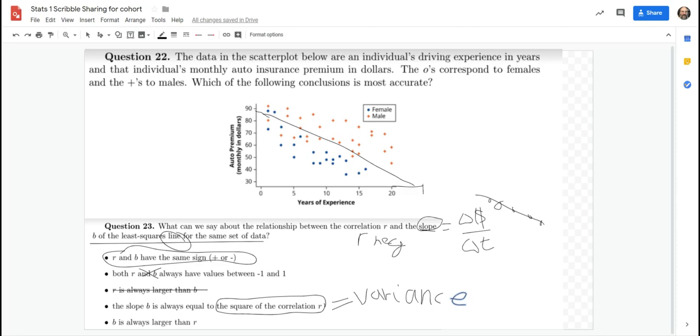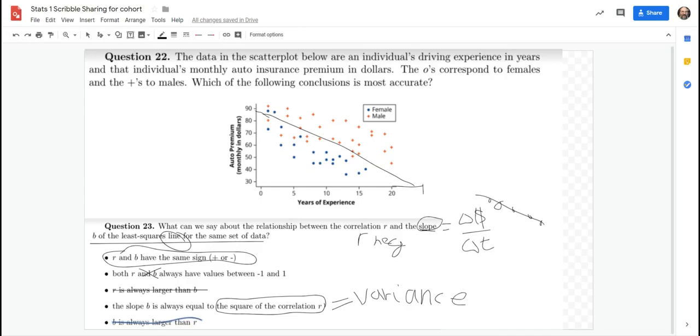And B is always larger than R is just as nonsensical as R is always larger than B, right? B might be a very, very small number in terms of value, right? I could measure it in decades of experience.